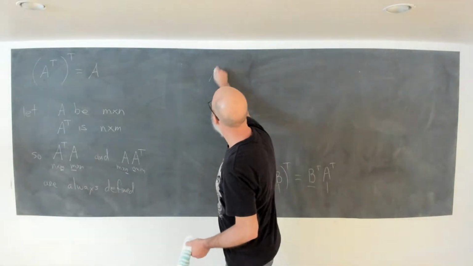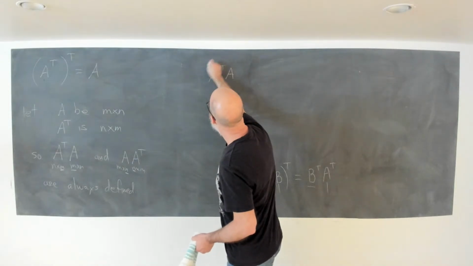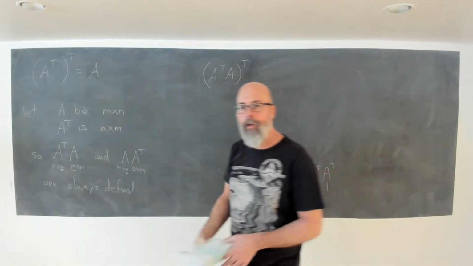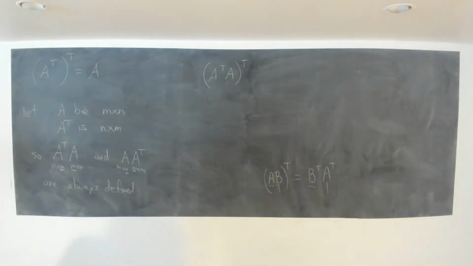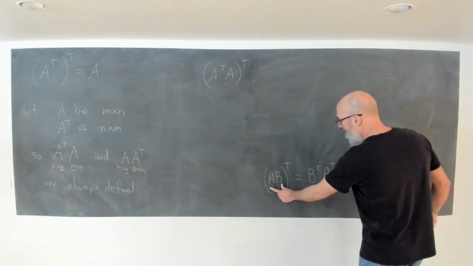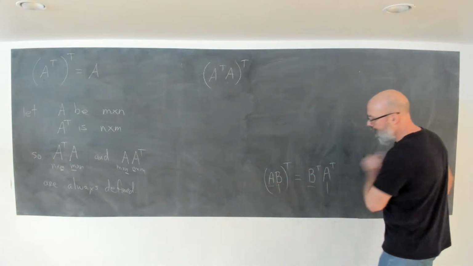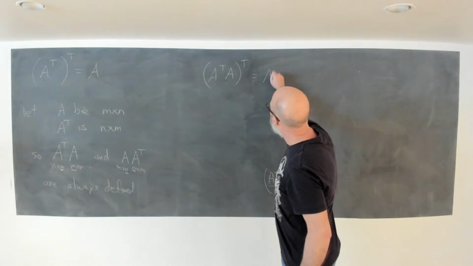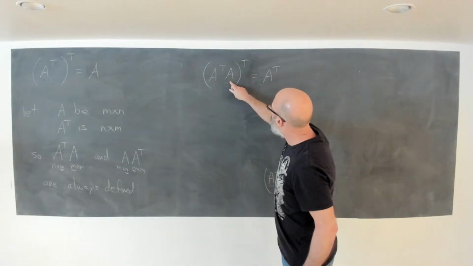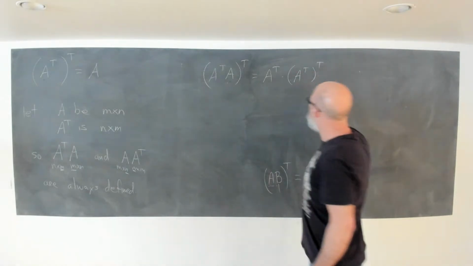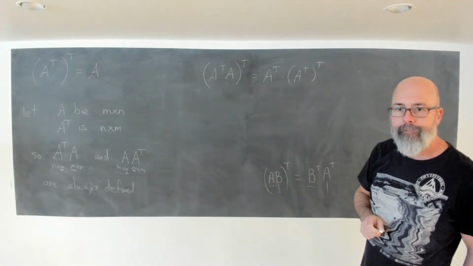Observe, furthermore, if you take the transpose of this matrix, well, the transpose of a product is the product of the transposes in the reverse order. So this is going to be A transpose times A transpose transpose.